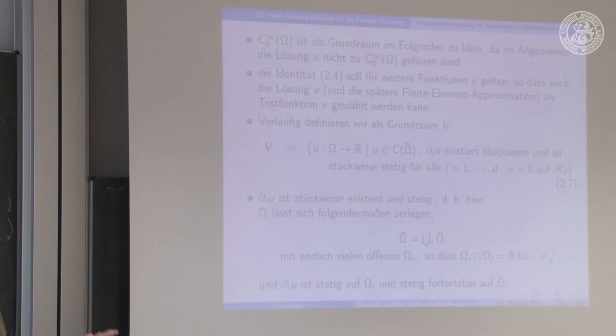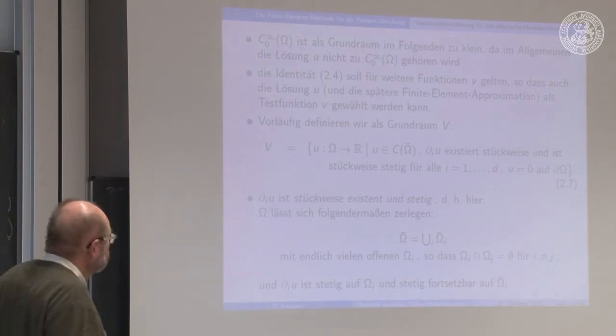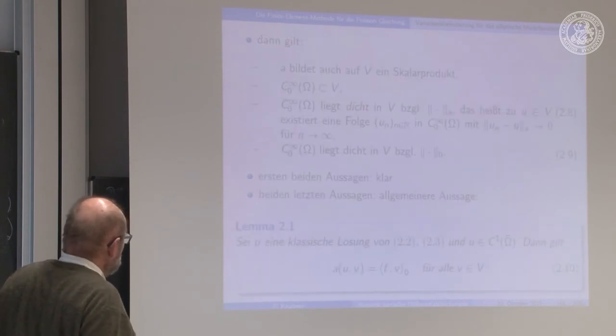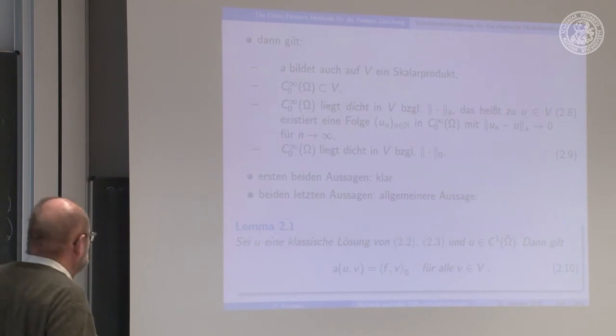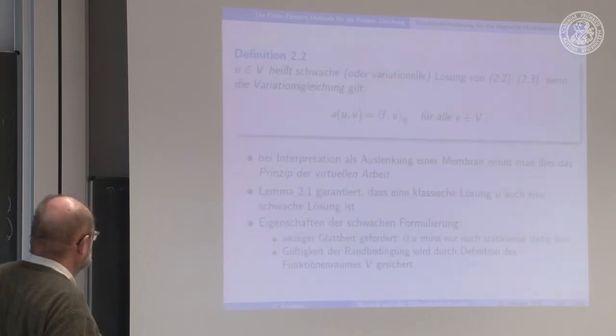Then it has a clear pointwise meaning, saying this function is 0 at the boundary. Later on, we will give up this formulation, and then we have the problem of giving this u equals 0 on the boundary a new sense. So the boundary condition is in the space. It helps us in the derivation of the weak formulation, and the weak formulation now substitutes the PDE. That's the situation.